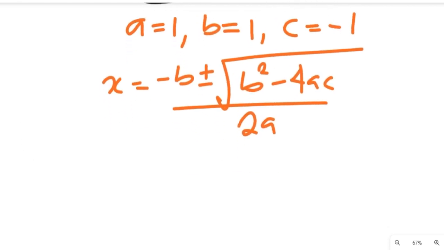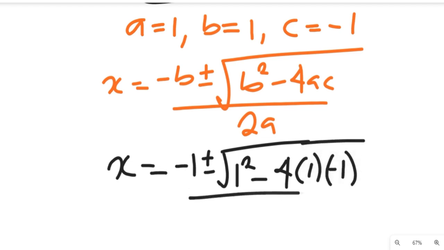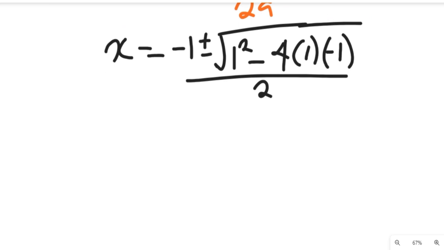So applying the quadratic formula, we'll see our x to be equal to negative 1 plus or minus square root of 1 squared minus 4 multiplied by 1 multiplied by minus 1, all divided by 2 times 1, which will give us 2.